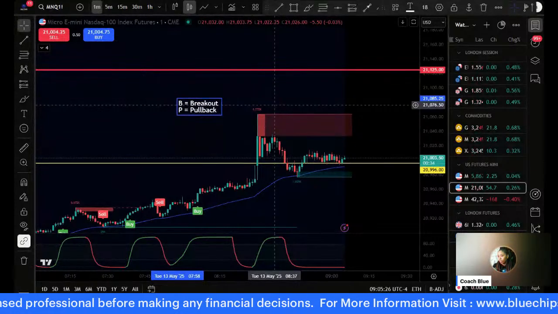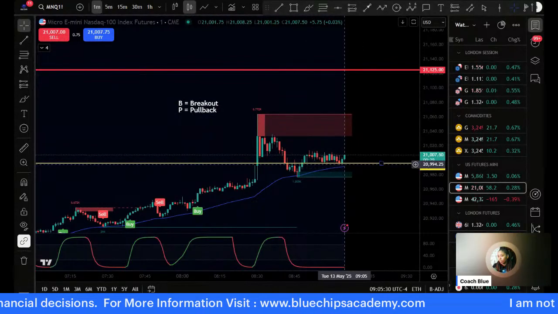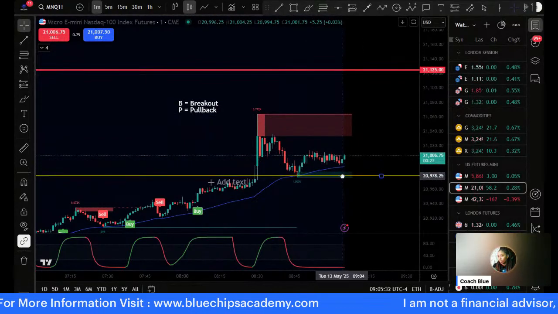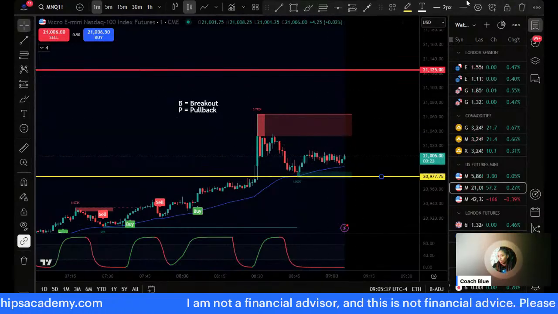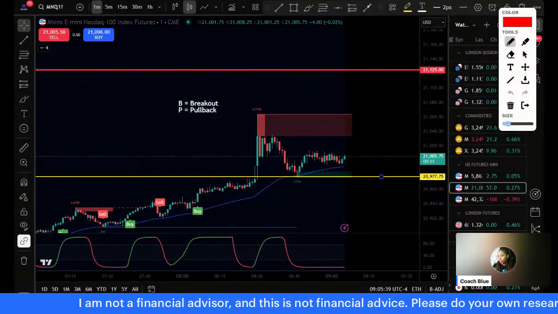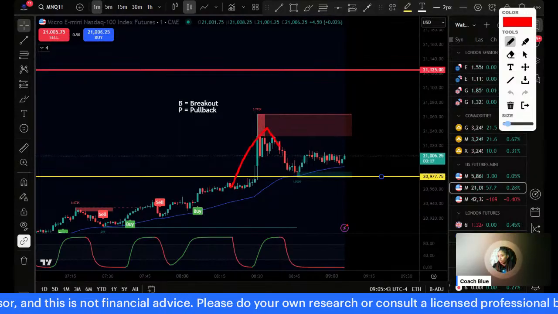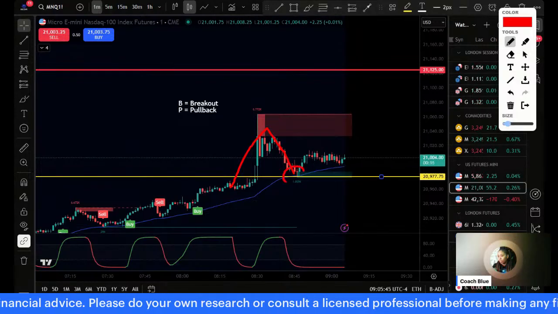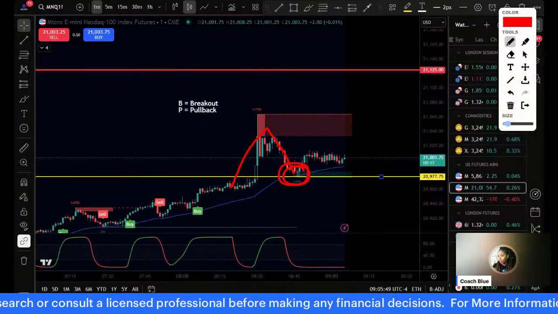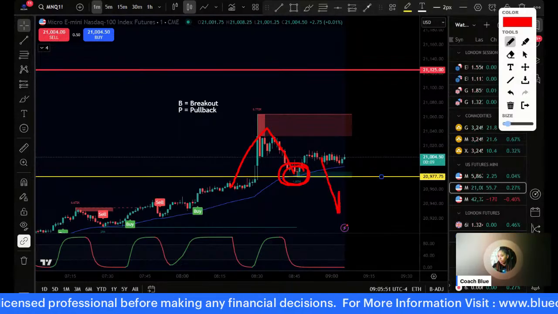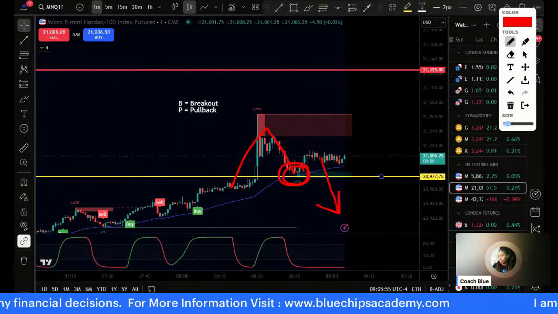And with the pullback, the most ideal situation, and let me tighten this up just a little bit, there we go, the most ideal situation for a pullback is for price to break out of here and use this level as support, instead of coming all the way back through this key level.